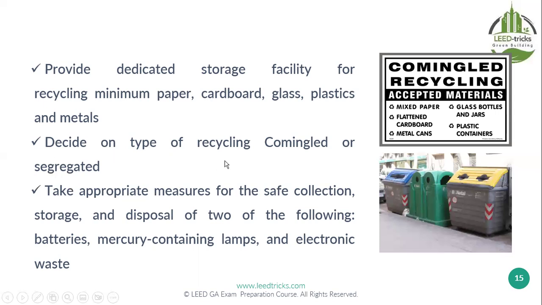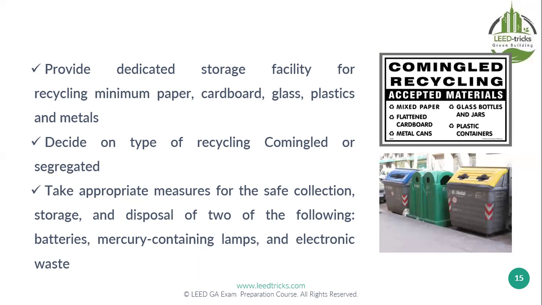After that, decide on the type of recycling, commingled or segregated. Organic waste, like food waste, is not included here. Sometimes in some companies or areas, they put only one big box.